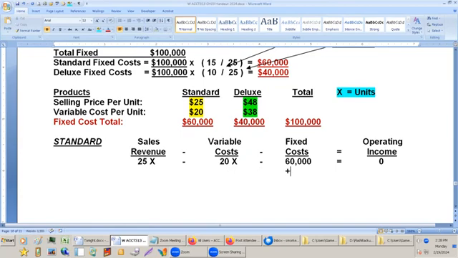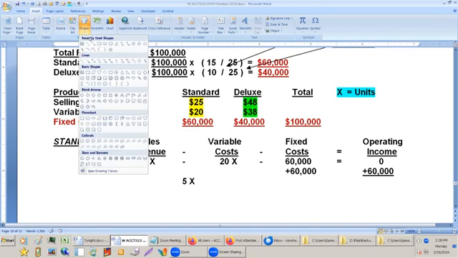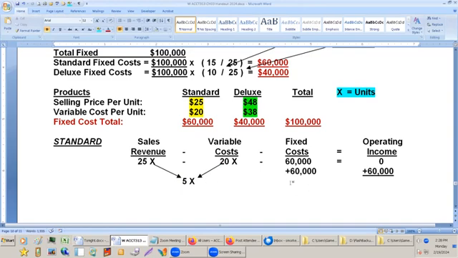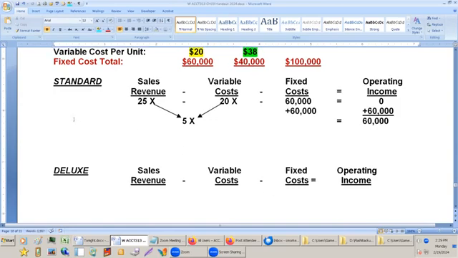Minus 60,000, so we're going to add 60,000 to each side. 25x minus 20x is 5x. Okay, so 5x equals 60,000.